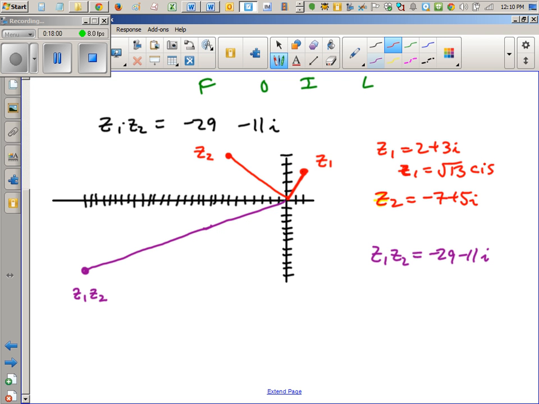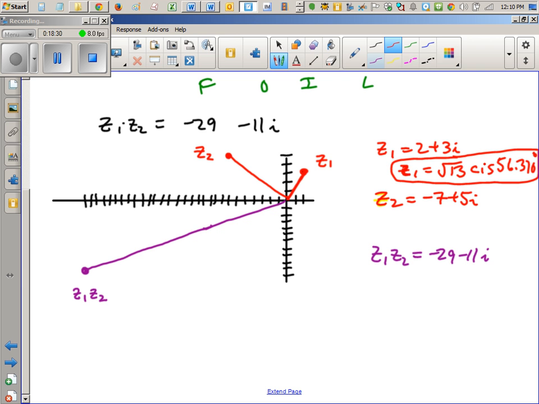I don't have my calculator handy, so let me find it here. Here it is. Arctan 3/2. And decimal degrees is fine. So we have 56.310. Okay, so hang on to that guy.